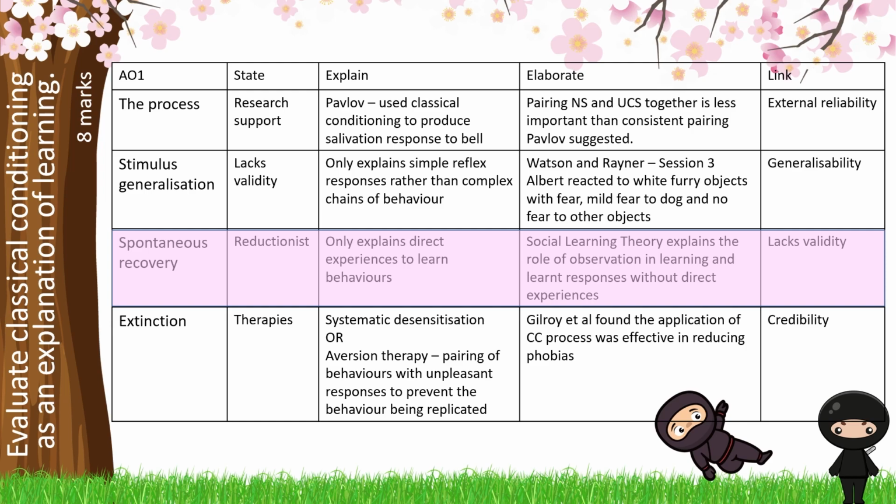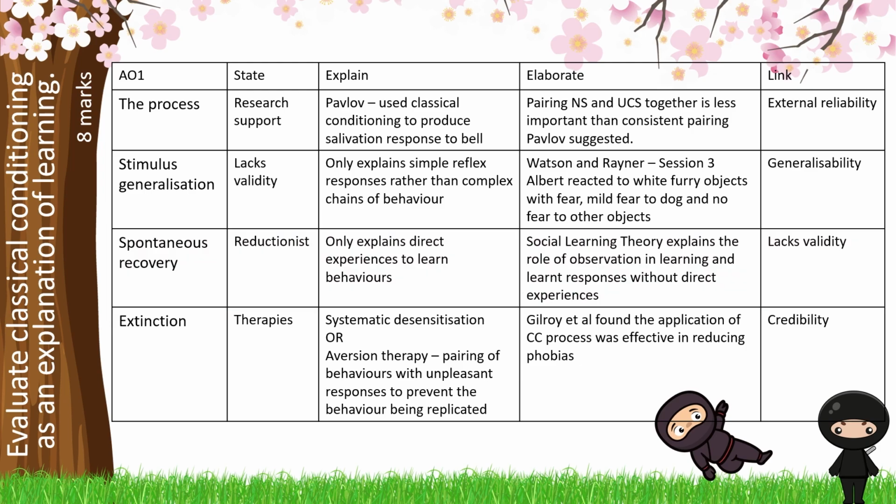We have a better theory, social learning theory, that explains that it's more complicated than that. You could alternatively talk about operant conditioning here, and that classical conditioning ignores the role of motivation in learning, which is a big importance for human behaviour rather than animals. Therefore, we're having a mini conclusion once again, saying that this theory lacks accuracy to explain all behaviours.